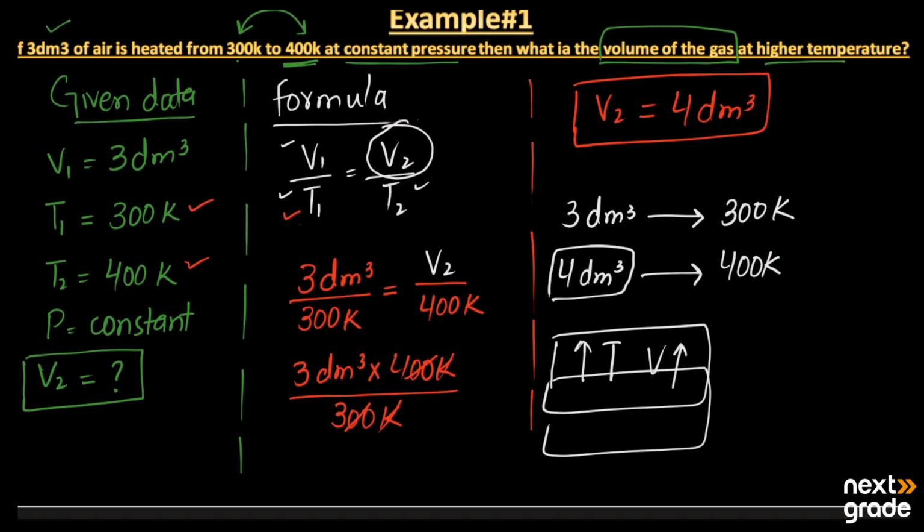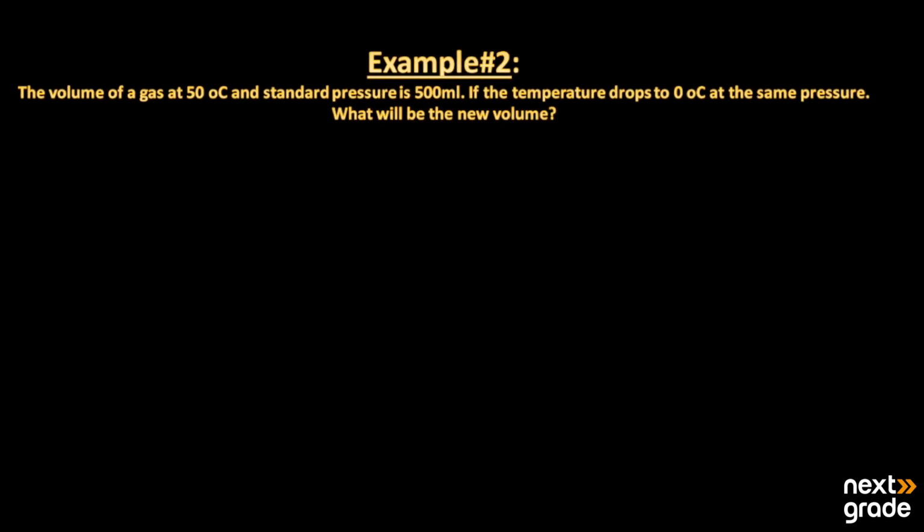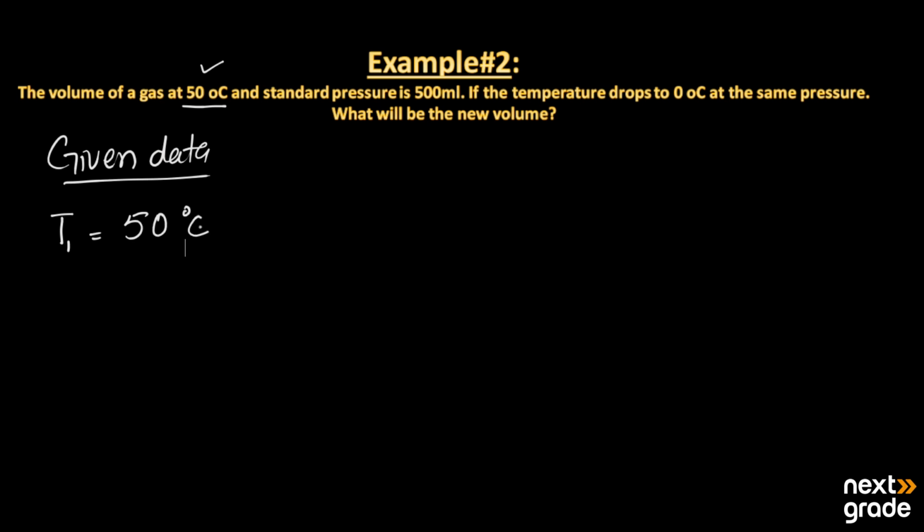Okay, so let's have a look at the second numerical problem. In this example, we have the volume of a gas at 50 degrees Celsius. The given data is very simple. Temperature T1 is 50 degrees Celsius, and at standard pressure the volume V1 is 500 ml.